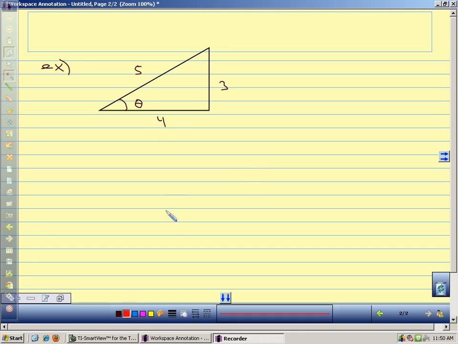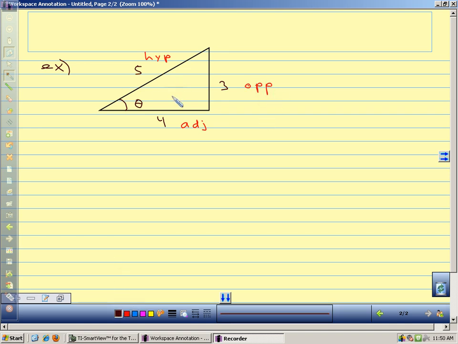So let's start out by labeling our triangle. Is 4 the opposite side, the adjacent side, or the hypotenuse? 4 is the adjacent. 5, opposite or hypotenuse? That's the hypotenuse. So that leaves the opposite side here.